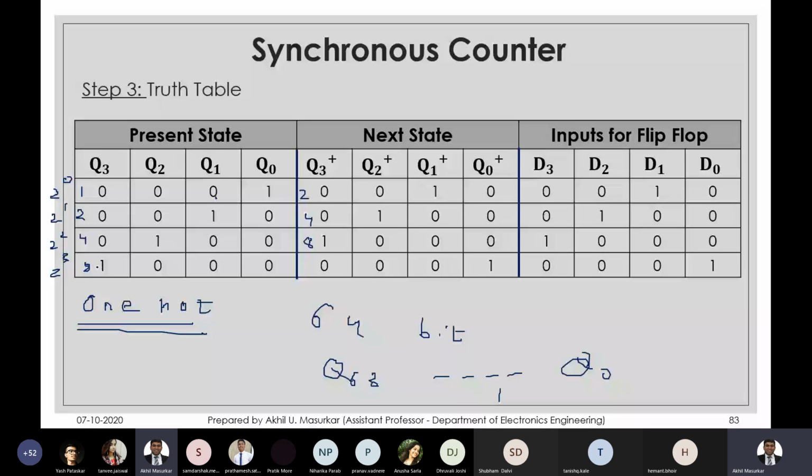So it goes 1, then 2, then 4, then 8, and 8 comes to 1. So this is the way in which the counter is supposed to count. And you can see D3, D2, D1, D0 is equal to Q3+, Q2+, Q1+ and Q0+. So that is the regular thing.